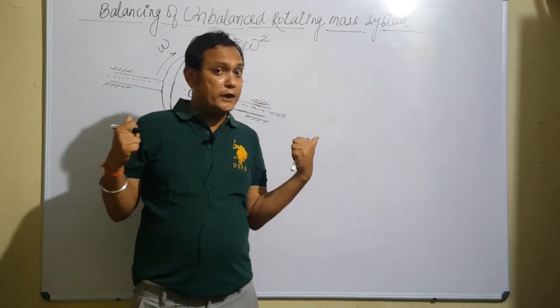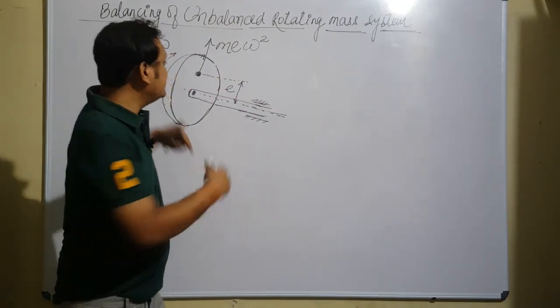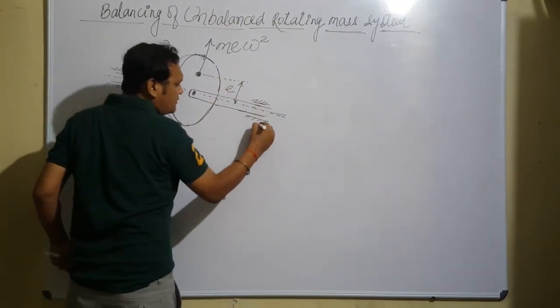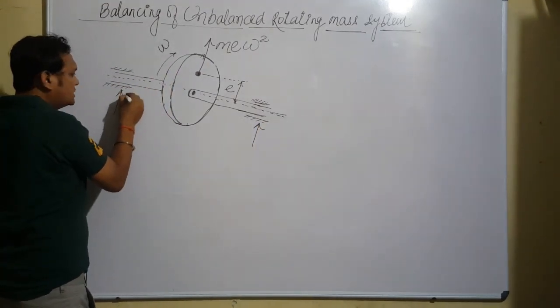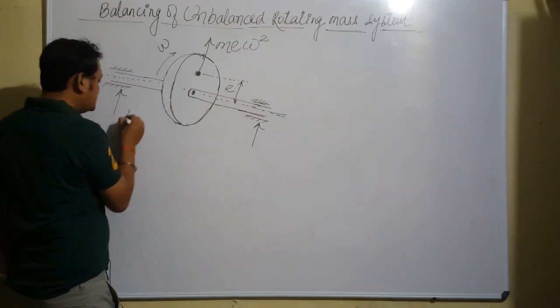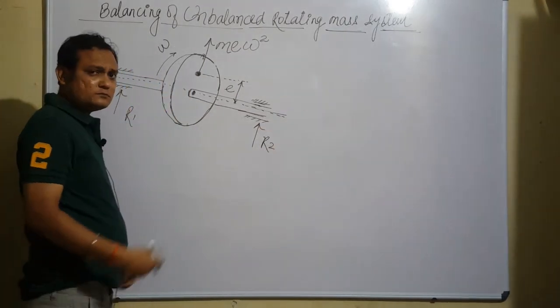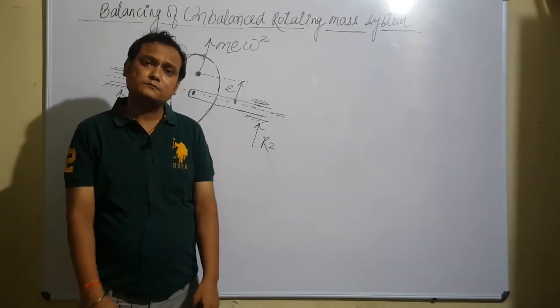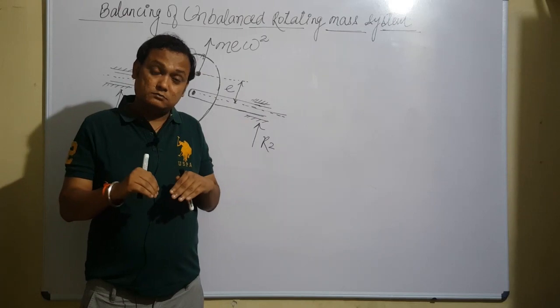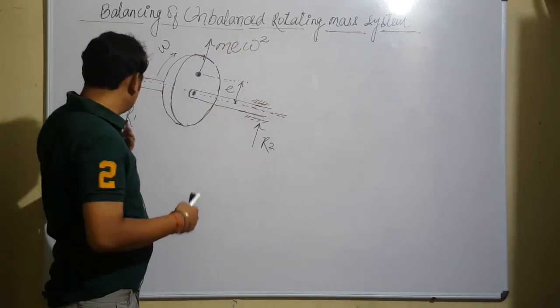These reactions which I am going to show will be the additional reactions. So these additional reactions, just imagine, don't worry about the direction and all, these additional reactions on the support, suppose R1 and R2, these reactions on the support because of this centrifugal force are suppose R1 and R2.